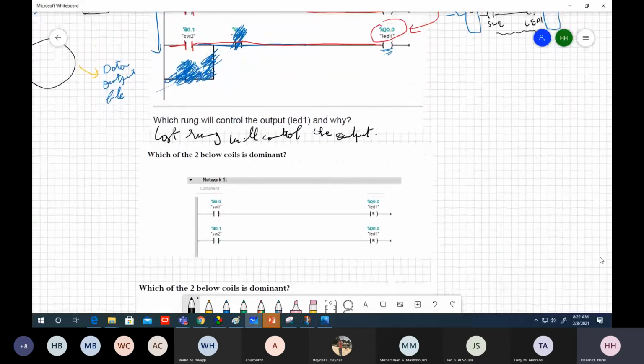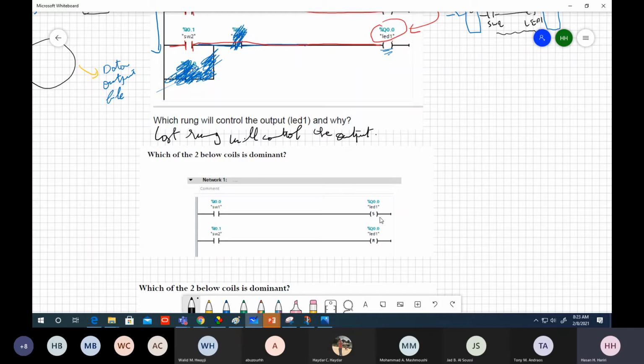So let's do this one. Here, which of the two below coils is dominant? You also have two switches as in the first problem, but here you have a set instruction, and here you have a reset instruction. We saw set and reset in your practical lab last time, and also in the lecture last week.